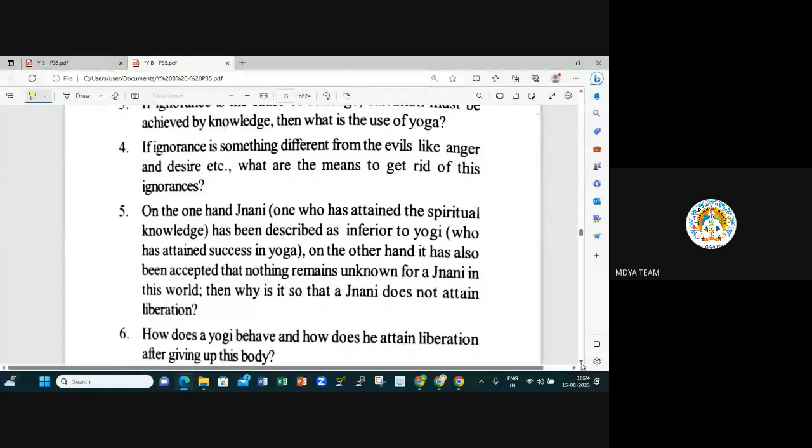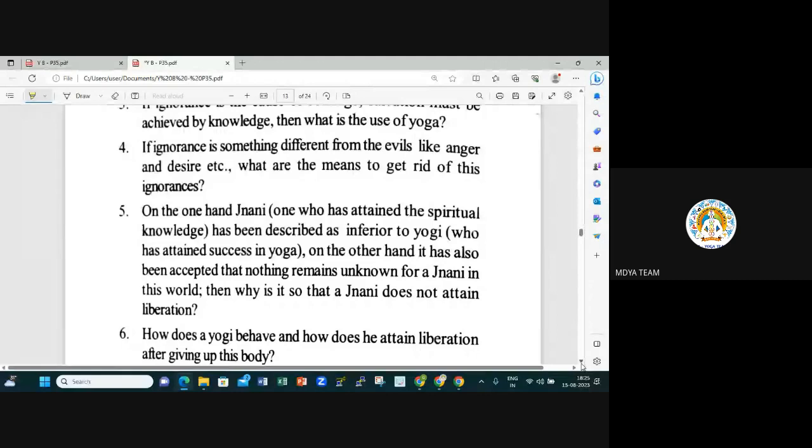On the other hand, it has also been accepted that nothing remains unknown for a Jnani in this world. Then why is it so that a Jnani does not attain liberation? Just try to understand this question. There are two points, Jnani and yogi, and she is trying to differentiate them.